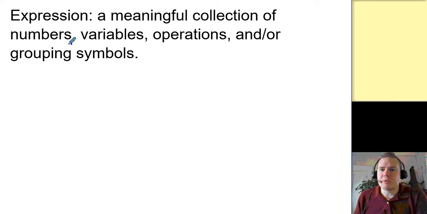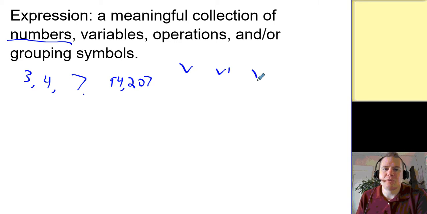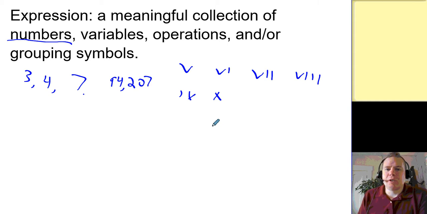So a number, right? We kind of know what numbers are. In our typical place value decimal system that most of us are used to, we have one-digit numbers and two-digit numbers and so on. We have other numbering systems. You might recognize Roman numerals here.